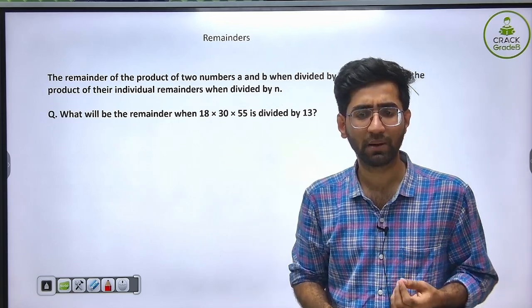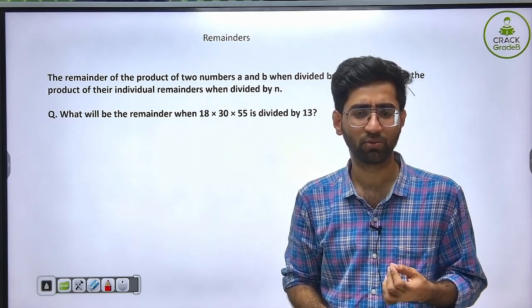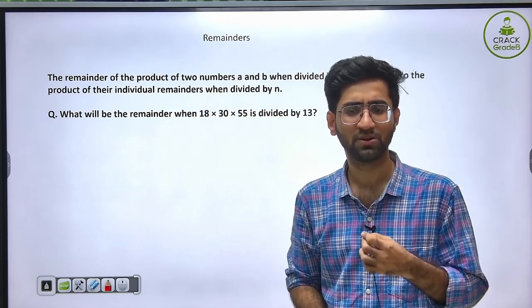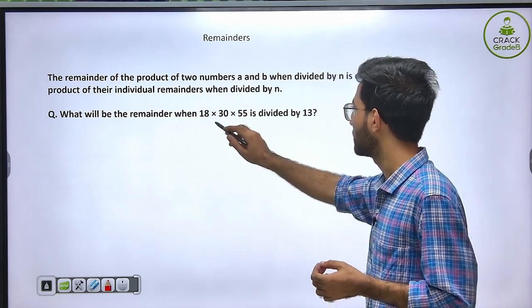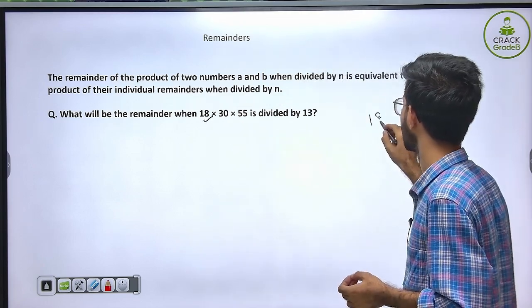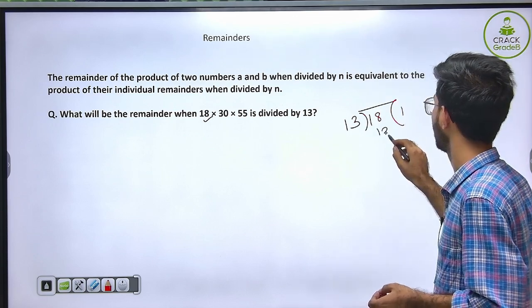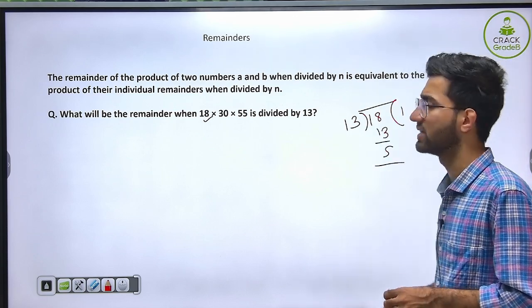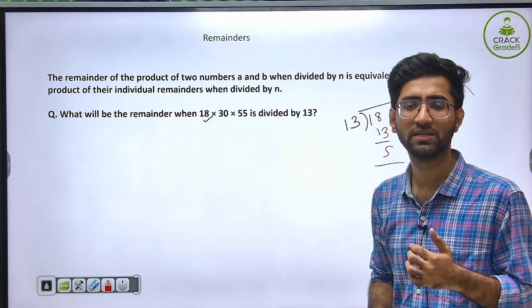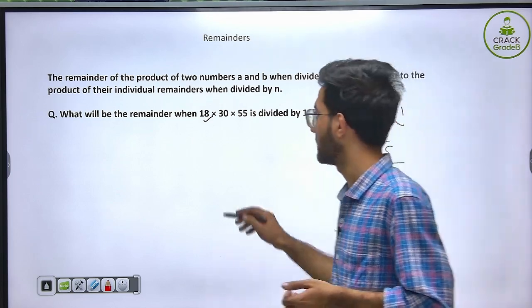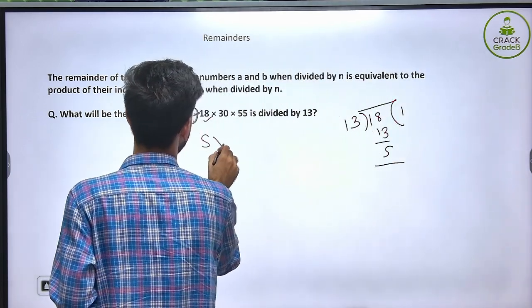But what should be our approach to deal with this kind of question? Again, the approach is very simple. Simply, you have to divide 18 by 13. We have already divided 18 by 13 and found that you get remainder equal to 5. So obviously this is 5, right?